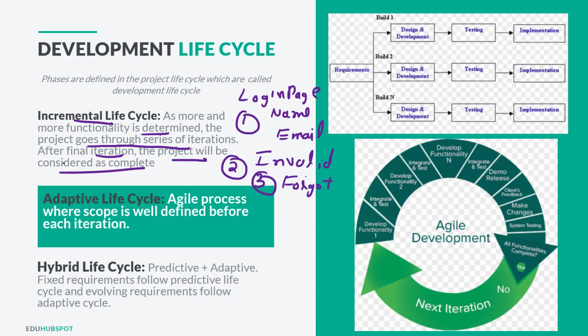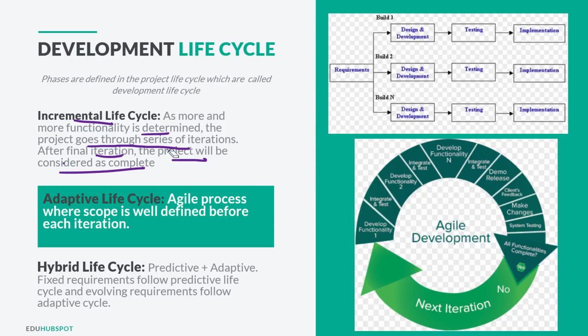So in incremental, I had a certain set of iterations. Each iteration had certain functionality which was supposed to be done. And after my third iteration, I could say that our login page is fully complete. Only after the final iteration will I consider this complete, so that I can use it for the public. That's your incremental life cycle, which is dependent on different iterations.